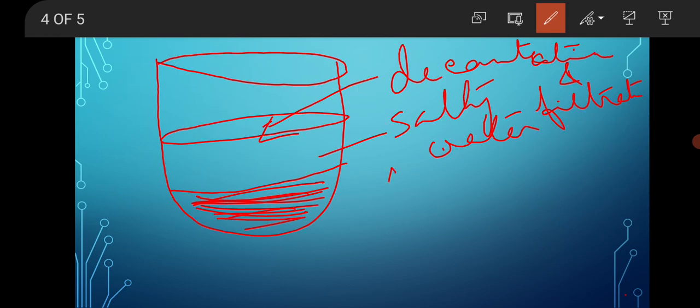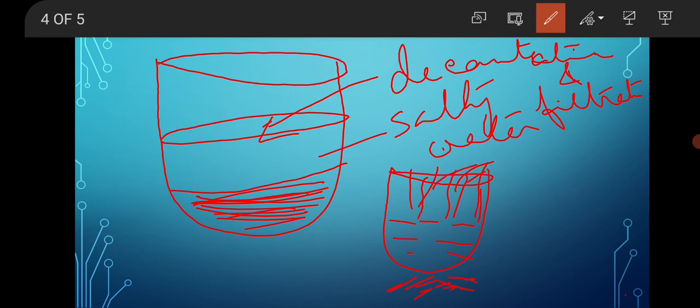Now if we heat the water which contains salt, so this is the water, and now if we heat it, then we will see that the water starts boiling. Yes, and we can collect it through condensation.